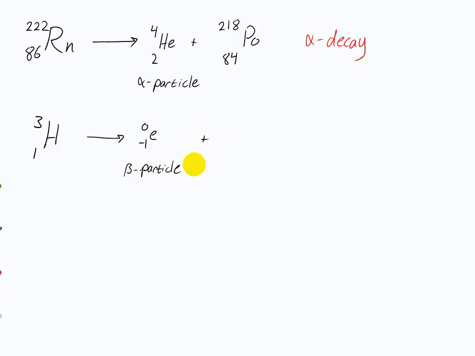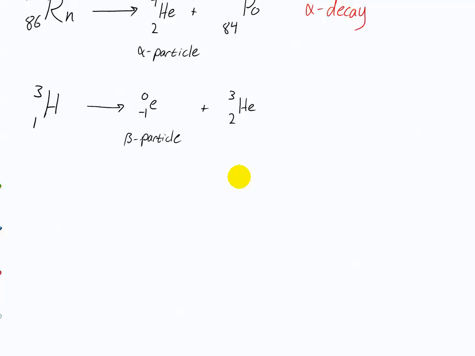And then remember, those numbers still have to add up. So what we end up making is something with 2 protons and 1 neutron. If you look at what that is, that's actually a helium-3 nucleus, because the two protons tell us it's helium.